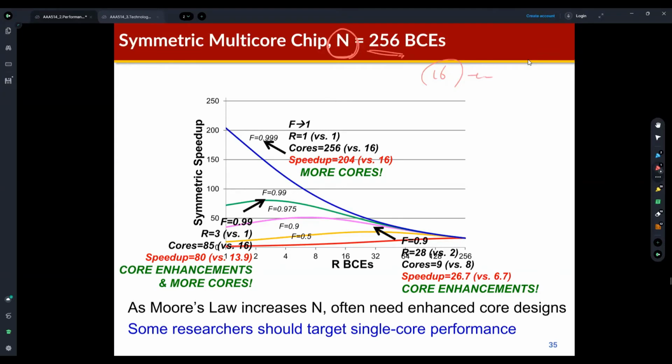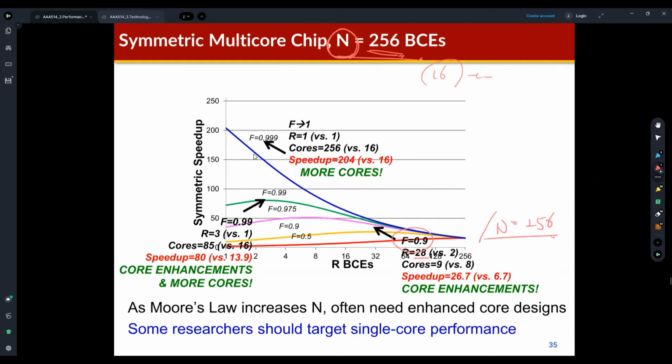We can say that the optimal number of cores and speedup can also change with the total resources. For example, if F is 0.9, R is 28, out of N equal to 256.